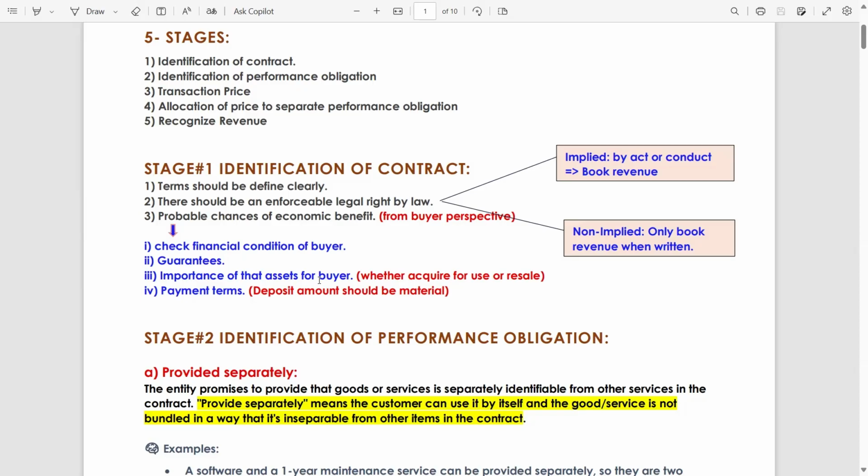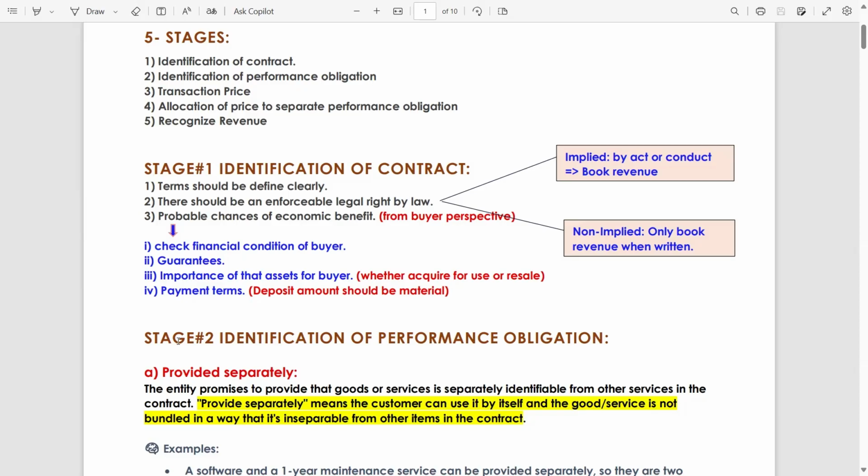Importance of that asset for the buyer, meaning whether acquired for use or resale, either for personal use or for an investment opportunity. Payment terms. Deposit amount should be material, meaning the amount you are getting should be material.